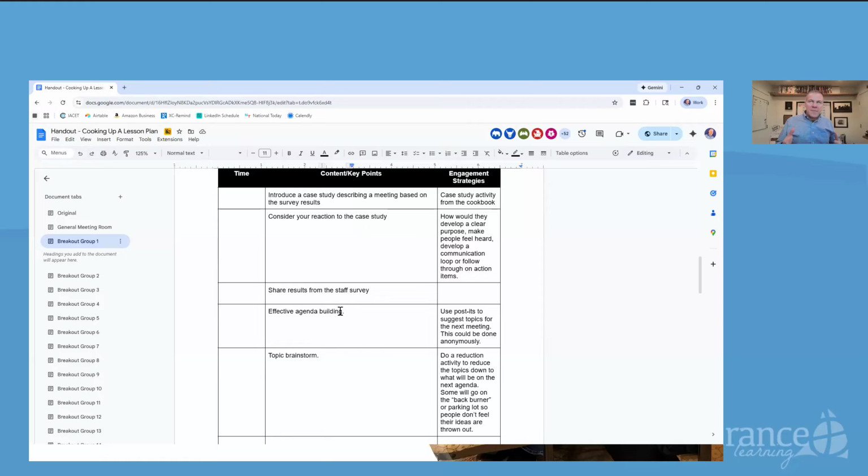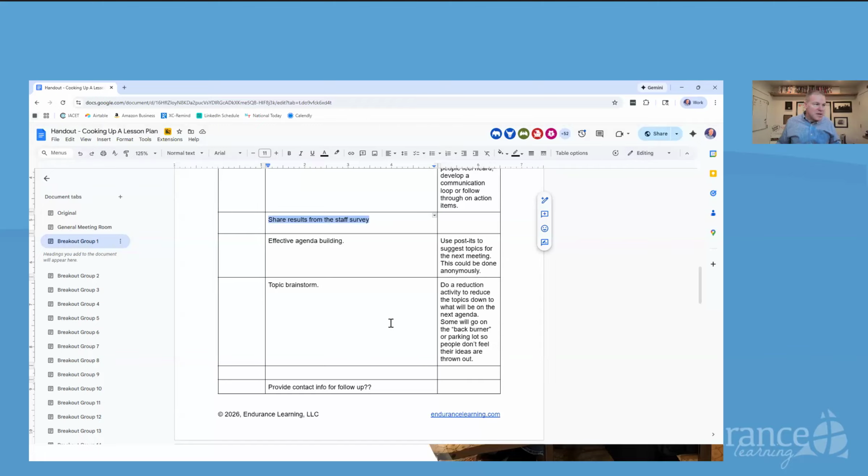Again, I'm going to take this with a grain of salt because the group only had 20 minutes to put this together, and they're working in a group. What I see here is they're sharing results from the staff survey. The thing I don't see is an introduction to the agenda.